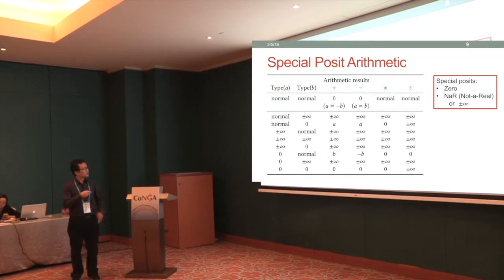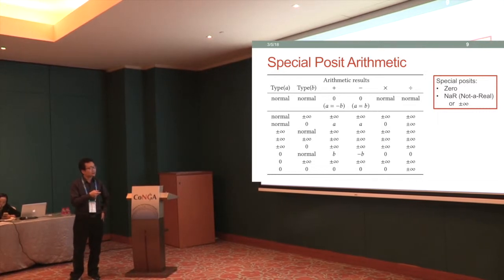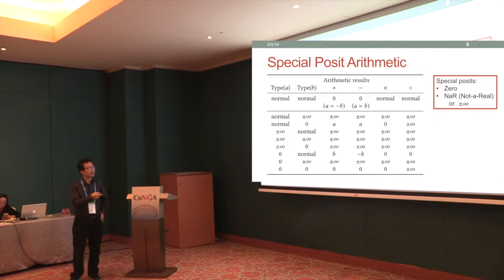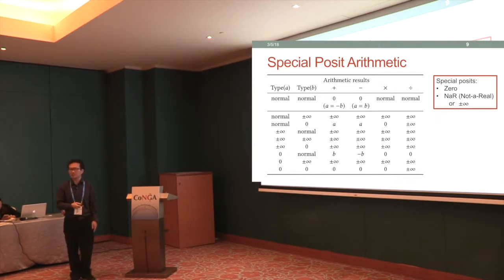So Posit defines two special representations for 0 and not a real. Previously, we also called it plus minus infinity. Now we are adopting a new terminology, not a real. So for arithmetic involving any of these special numbers, the results are expected, and these are all the possible combinations.